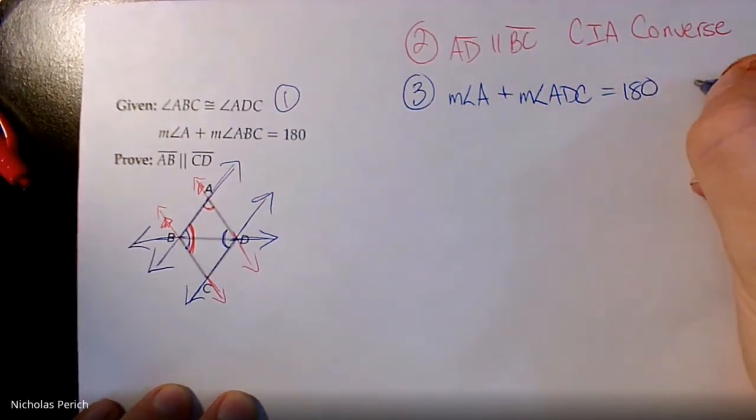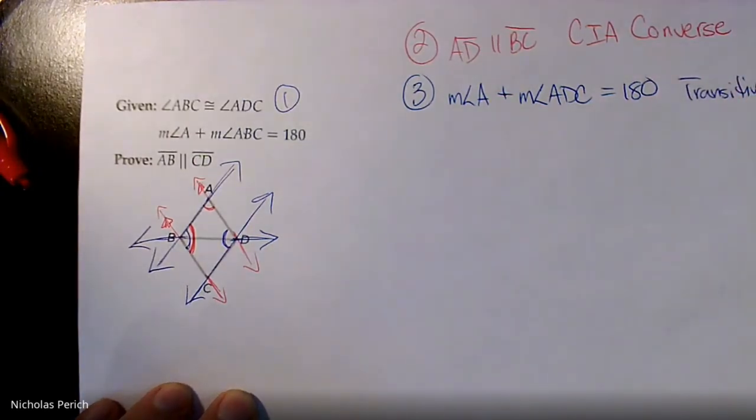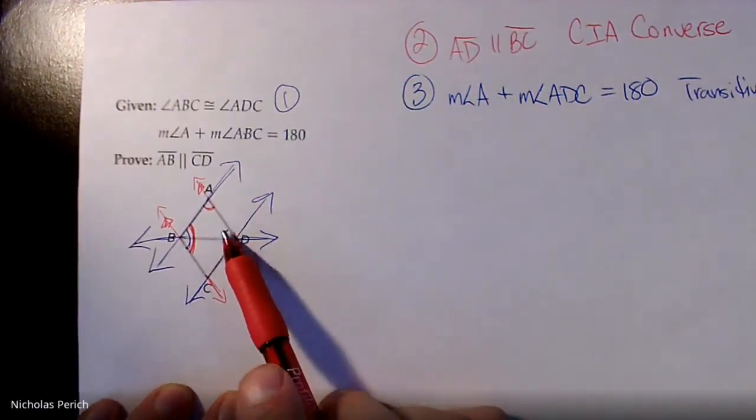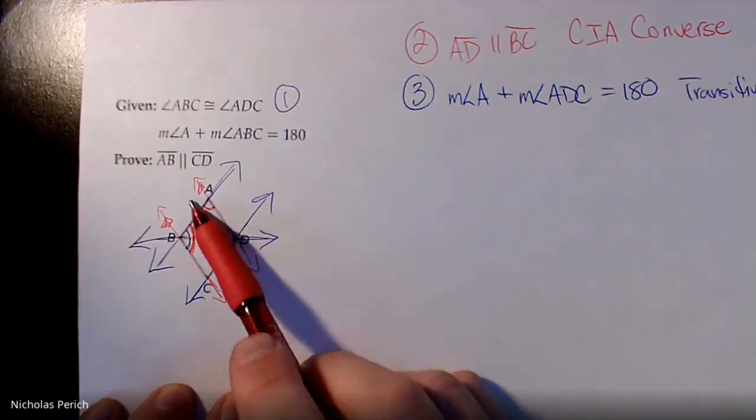And that's substitution, or I can use the transitive property again. Now look at these two. I just said that this guy right here and this guy add up to 180 degrees.